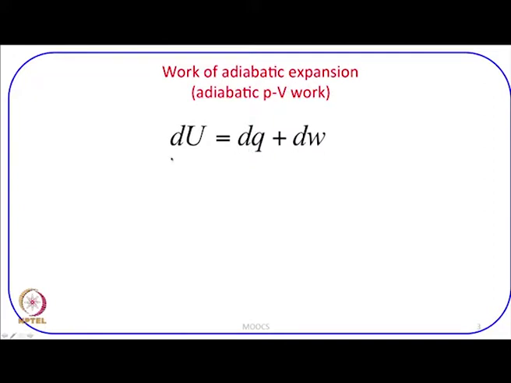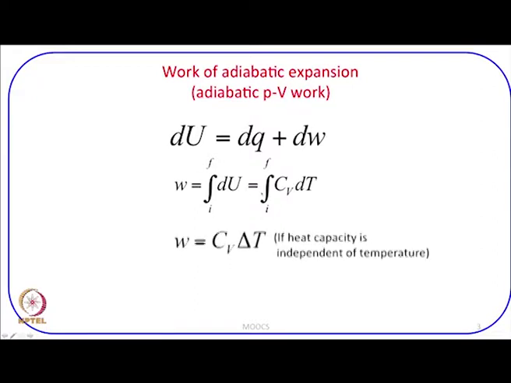This will be important throughout the discussion. dU is equal to dq plus dw, and work done will be equal to the integration of dU from initial state to final state, because dq is equal to 0, and instead of dU now I write Cv times dT, and if Cv is independent of temperature, it can come out of the integral, and what we get is this expression, that W is equal to Cv times delta T. So, in order to calculate the work, what we need is the information on delta T, and we need the information on heat capacity at constant volume. This is how we calculate the work of adiabatic expansion.